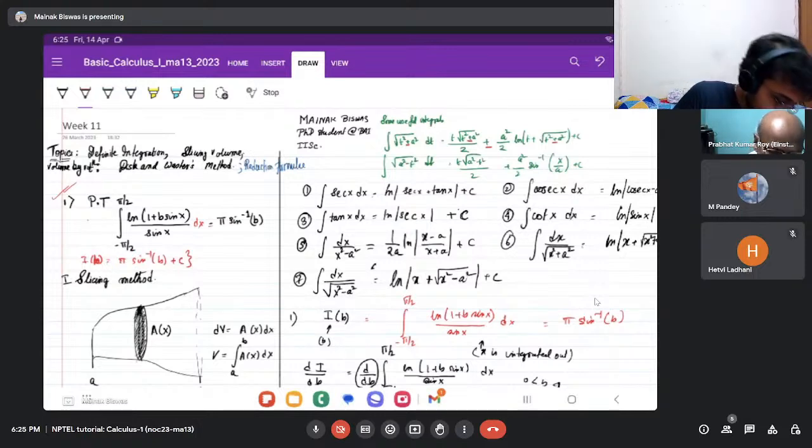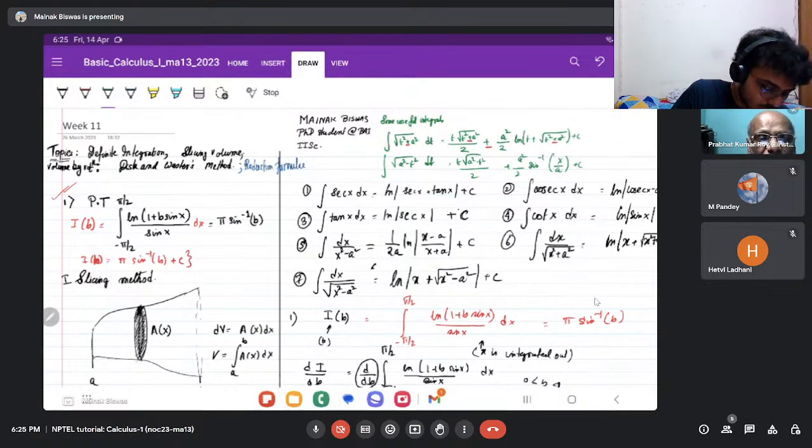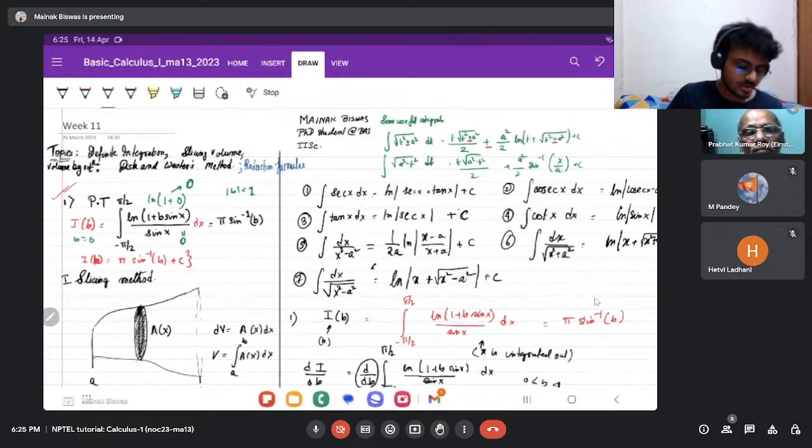See, as I told you in the beginning, this I is a function of b, right? Mod b is said to be less than 1. So if I put b equal to 0, what will the integral turn out to be? Log 1 plus 0, which is 0, right? You agree?